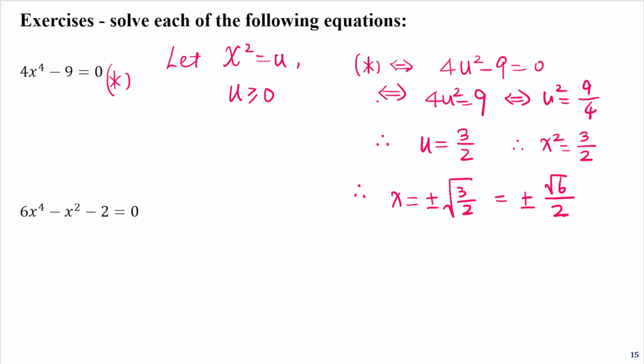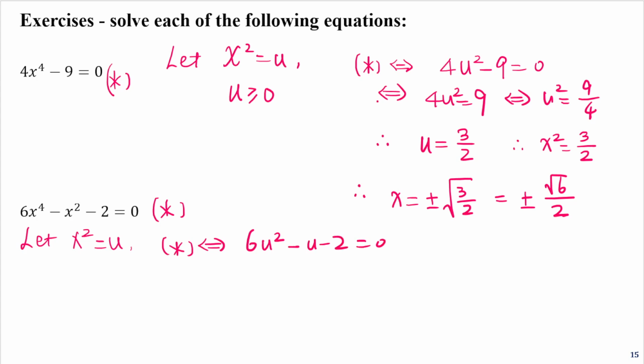So how about the second one? Again, you could let x squared be u, then the original equation is equivalent to 6u squared minus u minus 2 equals 0. And apparently this is a quadratic equation, right? And we can factorize that to 2u by 3u and put a 2 here, 1 here.